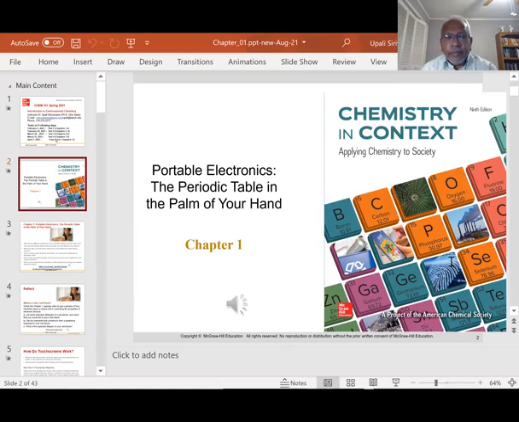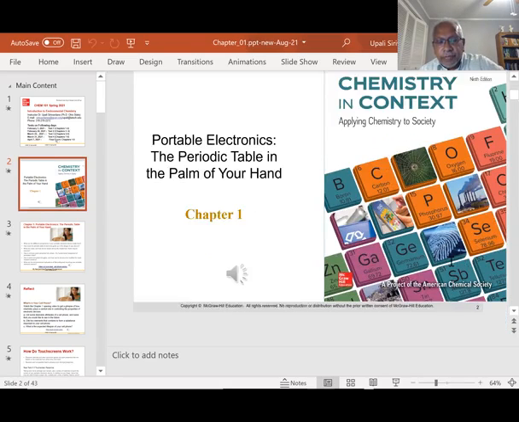What do you mean by portable electronics? The periodic table is in your cell phone. There are a lot of elements used in making cell phone components. So we're going to learn some of the elements which are used in your cell phone. That's the idea, that we're going to explore chemistry through one example, using a cell phone.